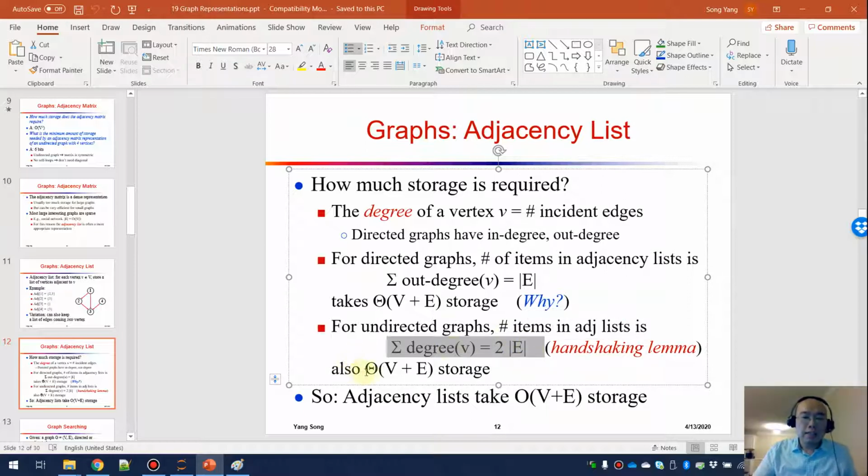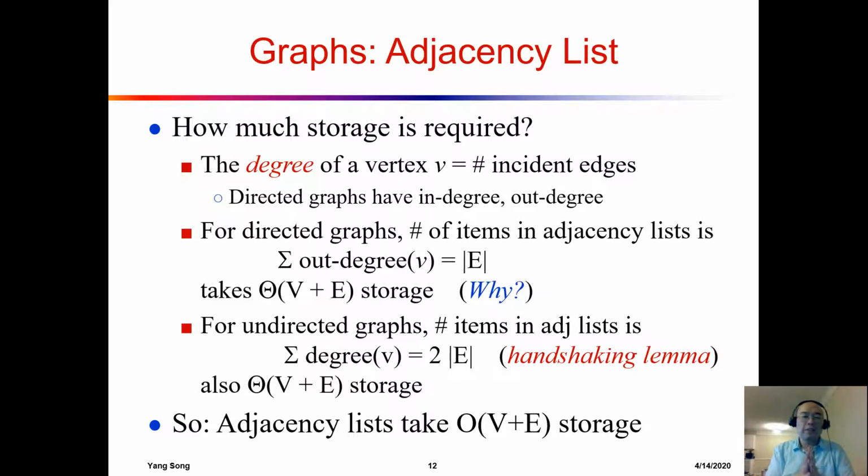But that is still a sigma of the V plus E storage. So putting this information together, it doesn't matter if we are storing a directed graph or undirected graph. The memory cost of storing an adjacency list should be O(V plus E), okay?